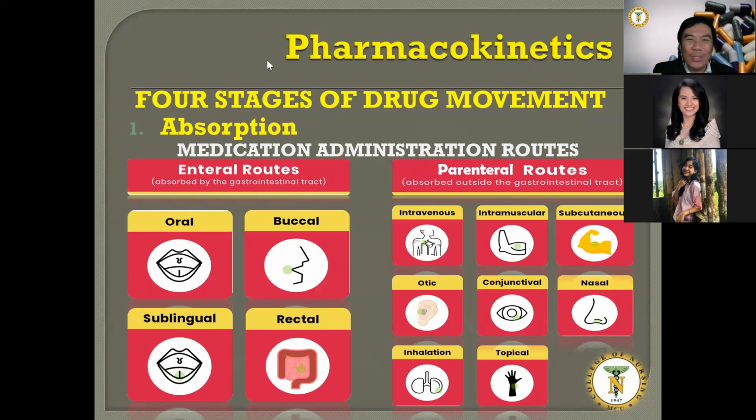When it comes to the routes of administration, we have enteral routes and we have parenteral routes. If we say enteral, enter. Just remember enteral: enter in the gastrointestinal tract. Most of these routes will involve the gastrointestinal tract.